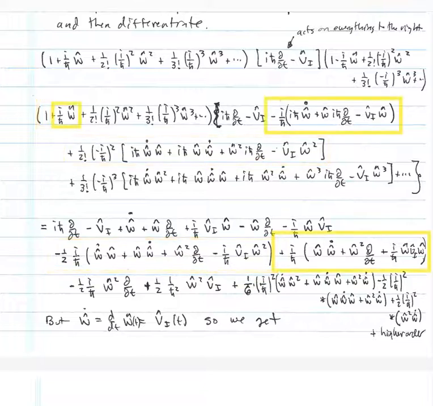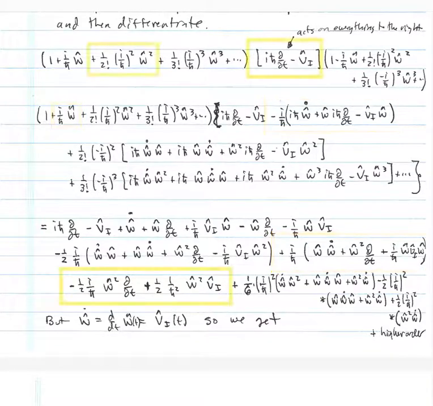We're now going to have the terms that involve the w on the left-hand side times the linear order terms on the right-hand side. And that's going to give me plus i h bar w w dot plus w squared d by dt plus i over h bar w vi w. And then we're going to get the terms that involve the w squared times the terms that are of order 0 in the w on the right-hand side.